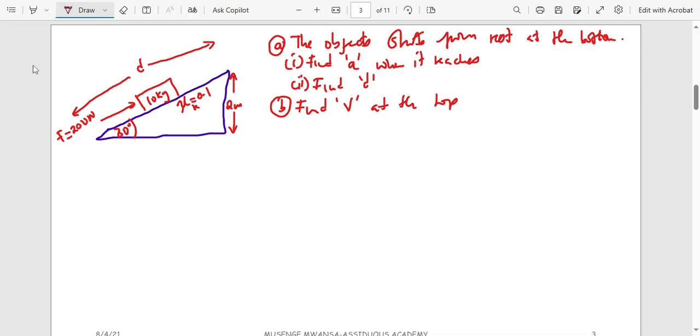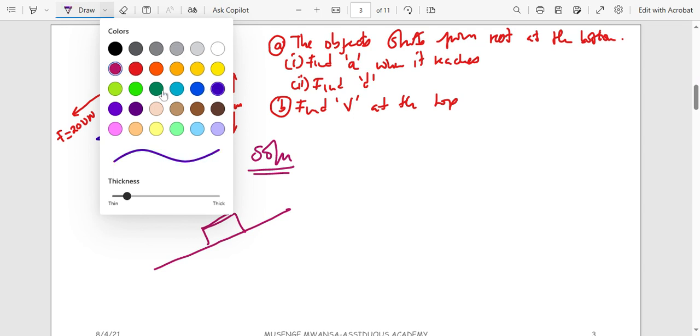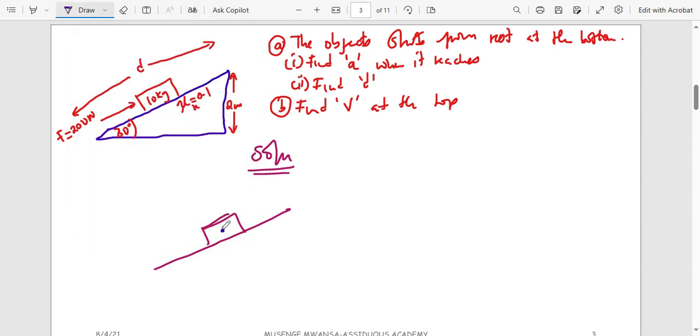First thing first, remember when you're dealing with anything, make sure you know the forces that are acting on the object. Now, this object is on an incline. Here is the object on an incline. The first force that you should ever think about acting on an incline is the weight force, which is mass times gravity.